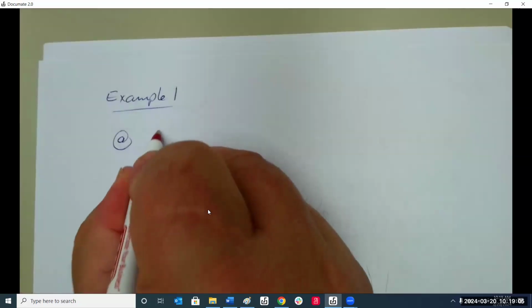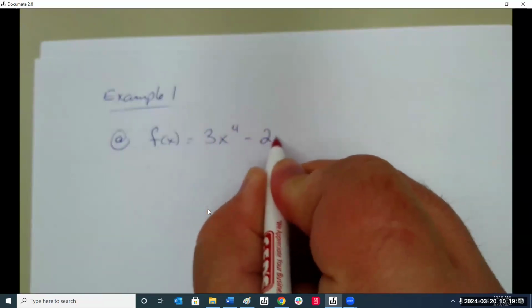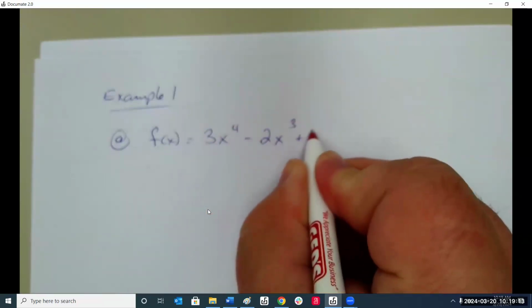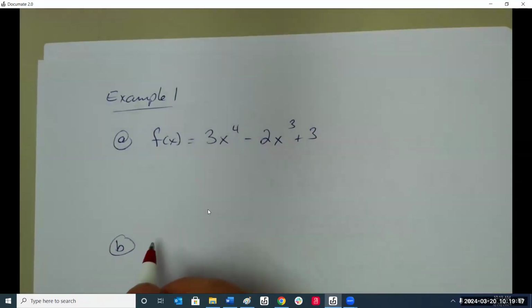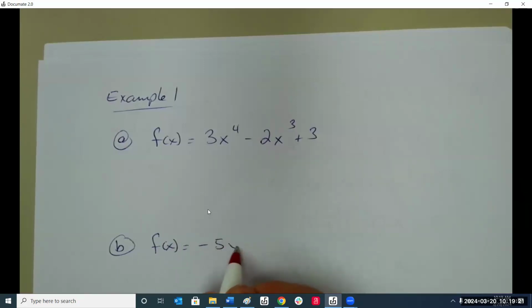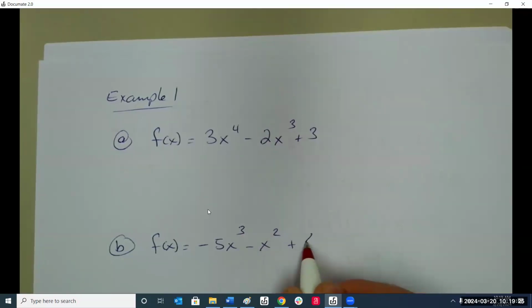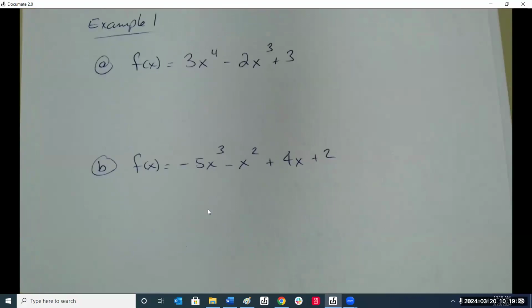So A is f of x equals 3x to the fourth minus 2x cubed plus 3. B, f of x is equal to negative 5x cubed minus x squared, 4x plus 2.